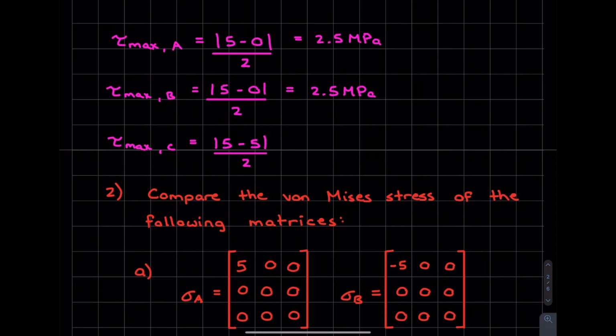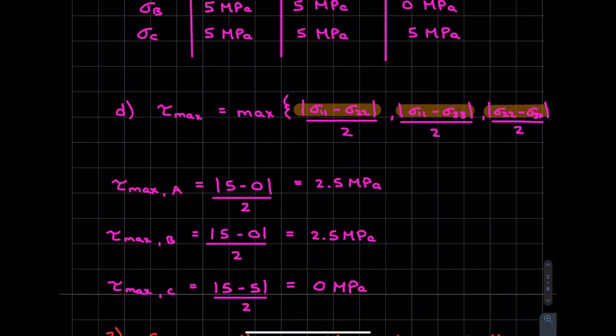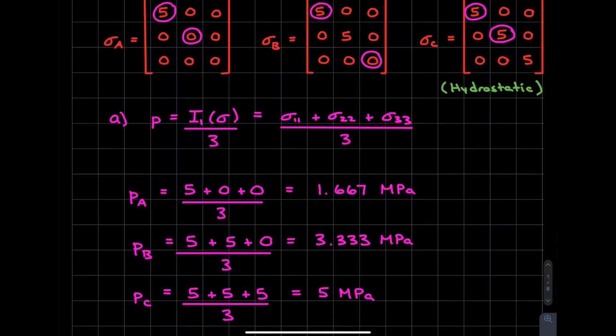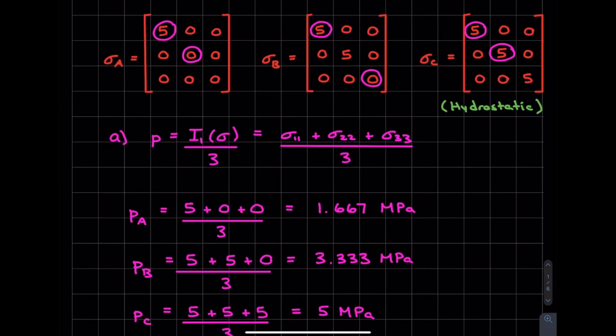Well, 5 minus 5 is 0, so in this case we get 0 MPa. That means there's no maximum shear stress. And that makes sense, because as you remember from the last quiz, because of this hydrostatic case, there is never a plane in which there will be shear stress. Never.